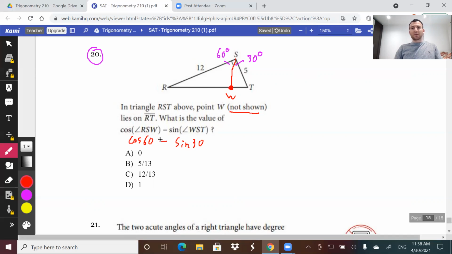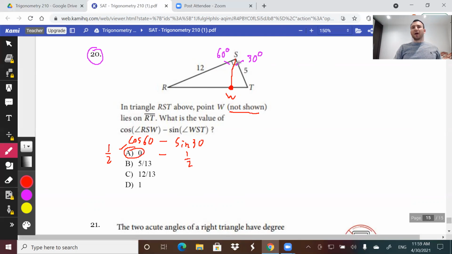If these add up to 90 together, they're equivalent to each other. Even if it's not the same exact triangle, cosine 60 is always cosine 60. The proportion's always the same. Sine 30 is always sine 30. The proportion never changes. By the way, cosine 60, I don't know if you have it memorized, but that's a half. Sine 30 is also a half. So we're going to get 0.